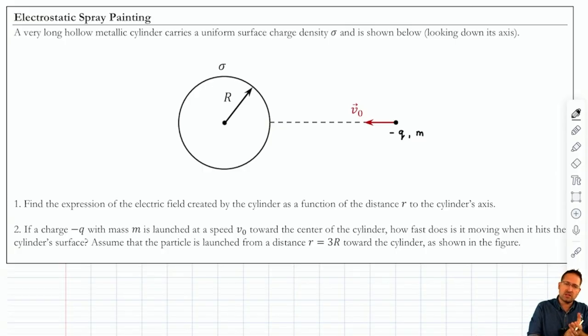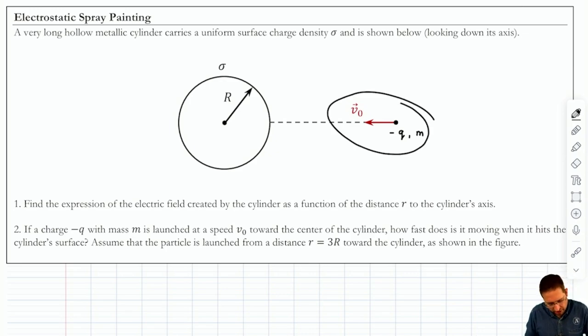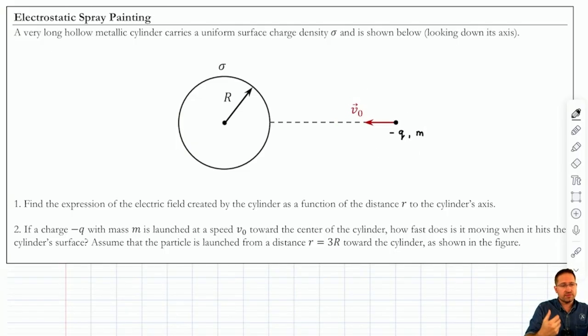And in practice, this is actually how you paint planes. So if you have your plane, you hook it up to a certain electric potential, and then if you can make sure that your paint droplets have, let's say, a negative charge, and that your plane is at a positive potential, then instead of making a big cloud of paint, because it's a lot of paint for big planes, the cloud is just going to get sucked onto the plane because of electrostatic forces.